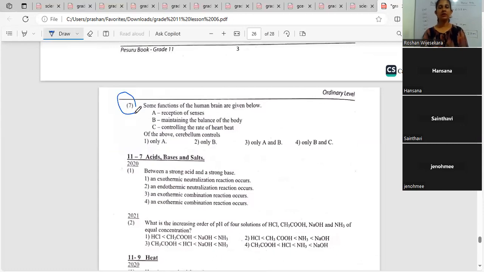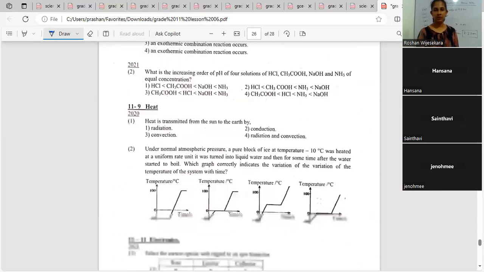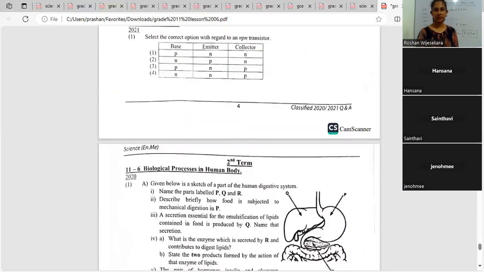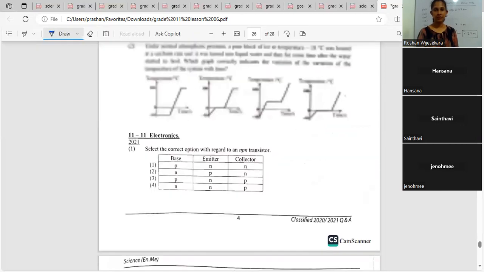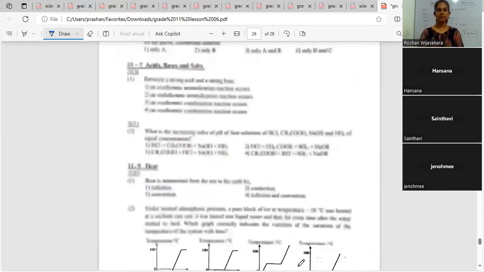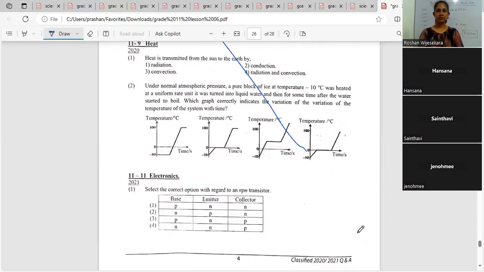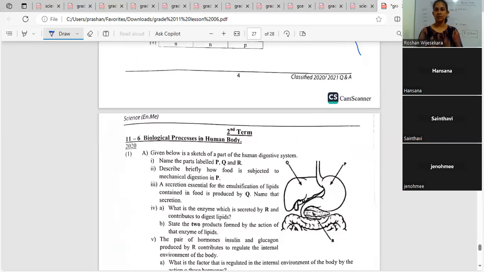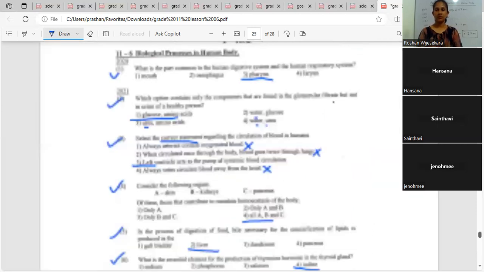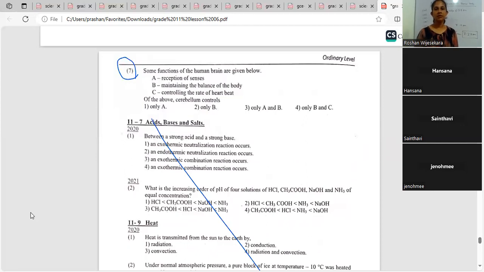That is also a 2021 question. Find the answer for this question. Seventh question, and raise your hand when you are finished.